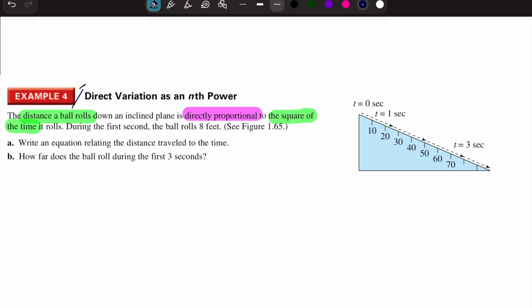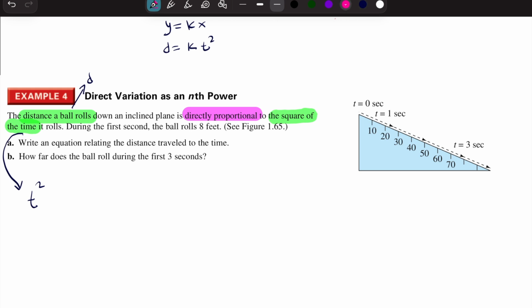Distance is D. Time is T, but the square of time is T squared. So again, directly proportional means it's going to have this sort of relationship, y equals kx. But in this case, D is directly proportional to the square of time, so D equals k T squared. So there's our basic model.